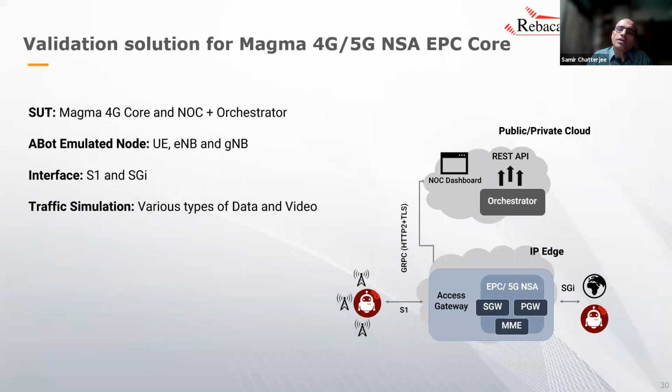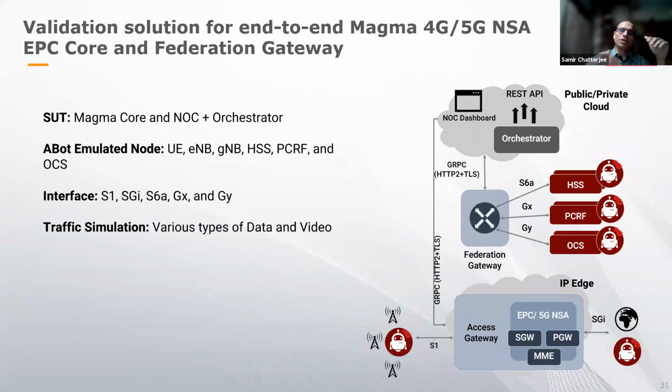So besides the 5G, we also have a 4G, 5G NSA package. And here, obviously, the S1 interface and the SGi are what's getting emulated. If you're using just the access gateway, we can test out the access gateway part. Next slide. If you're using the access gateway with the federated gateway, the federated nodes, we can emulate them as well.